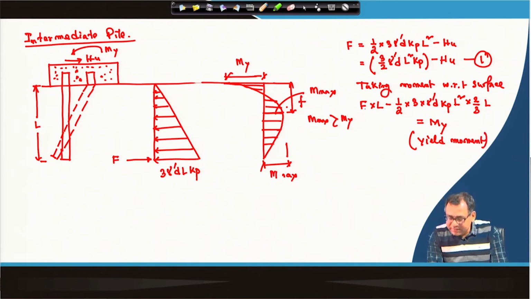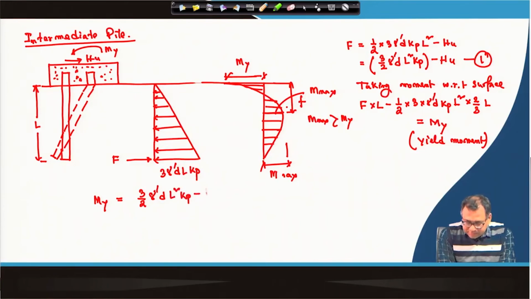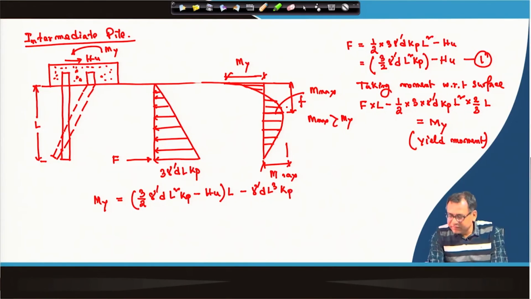Now we have to replace this F by equation number 1. If I replace it with equation number 1, I can write that M y is equal to 3 by 2 gamma dash d L square k p minus H u, into L, minus gamma dash d L cube k p, because the 3 and 2 will cancel.